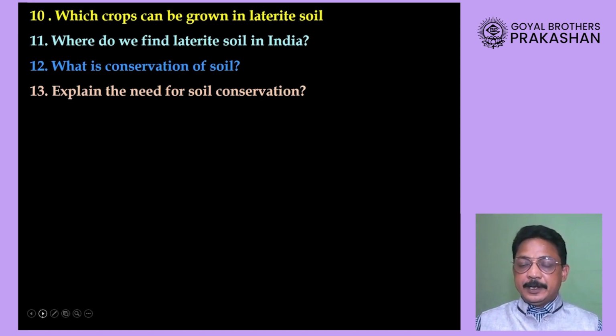We find it in the western part of India on the summits of the Western Ghats, and in eastern India on the summits of the Eastern Ghats. It is also found in the northeastern region of Garo, Khasi and Jayantiya hills.